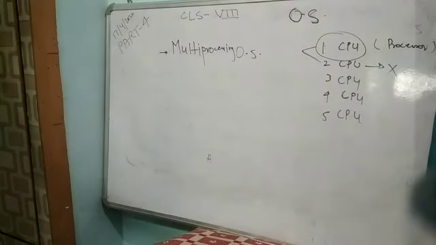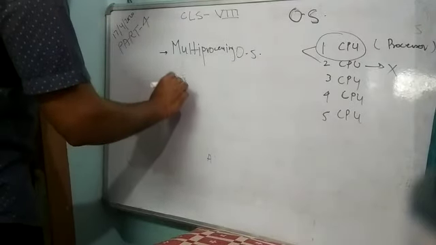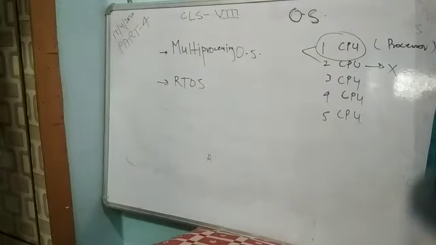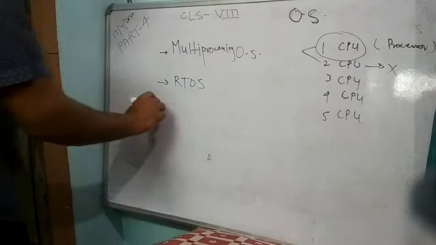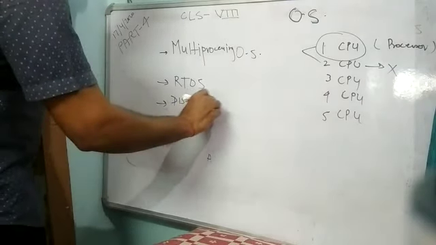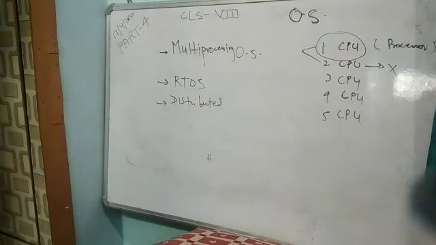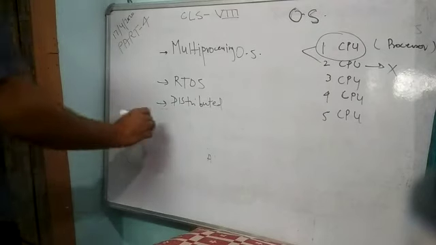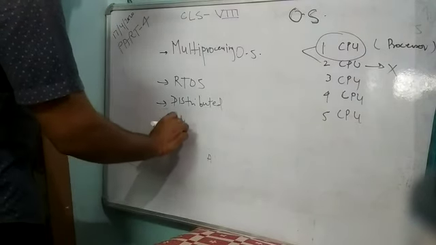So student, we have discussed two important operating systems, multi-processing and multi-user. Now we are left with the real-time operating system, that is RTOS, the distributed operating system, and multitasking.